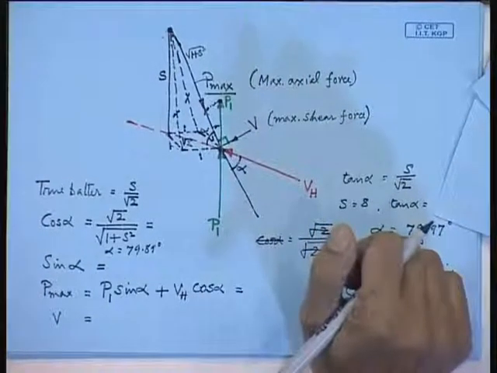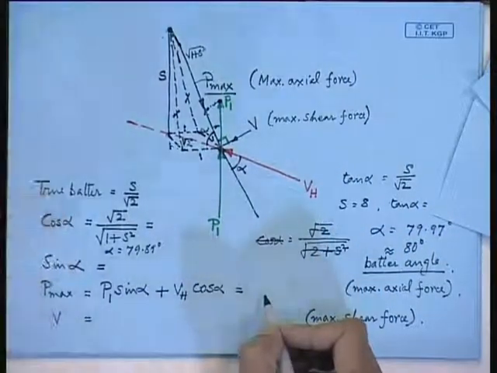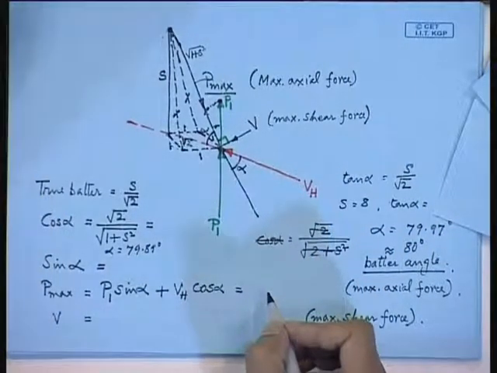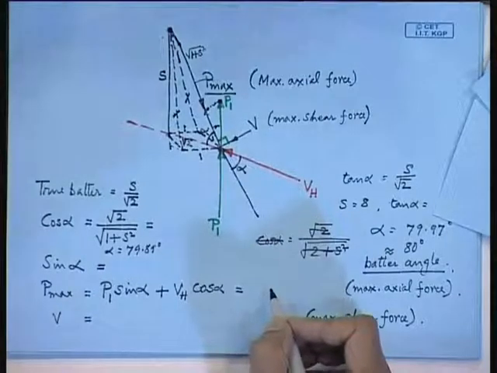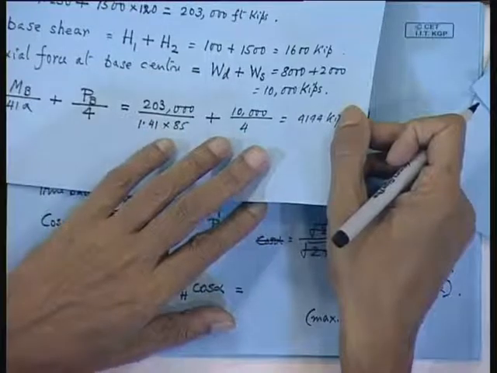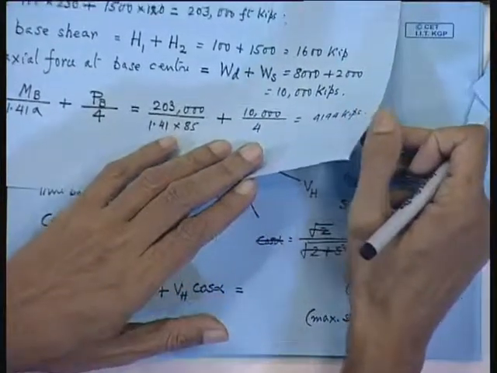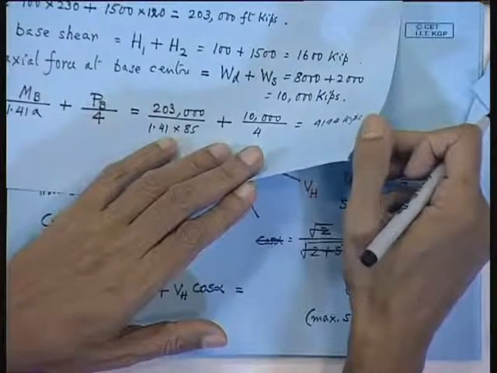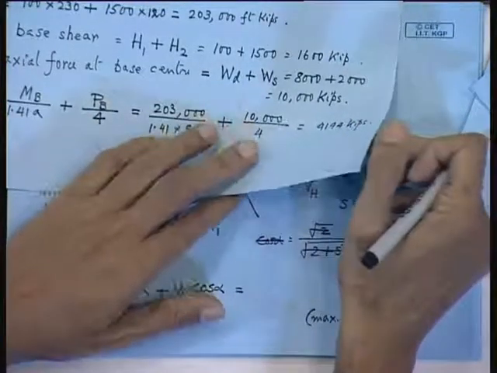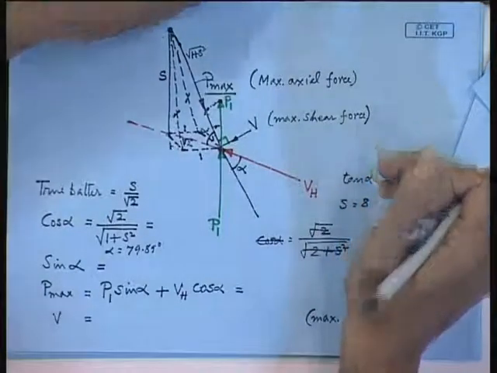P1 was 4194. And VH that we have calculated was how much? 1600, no? No, there is 1600 by 4. 4 piles were there. So how much it is coming?